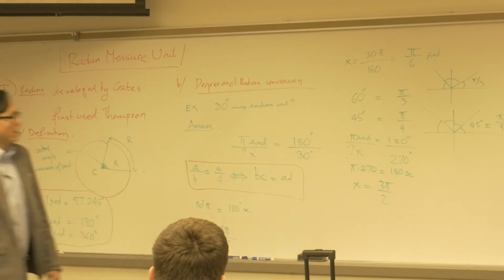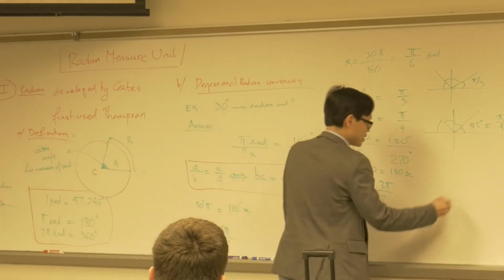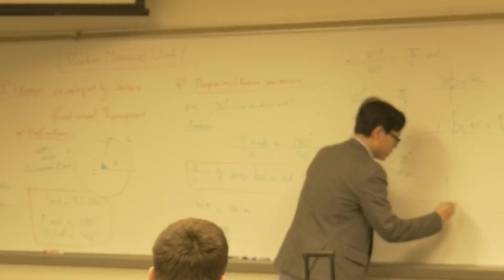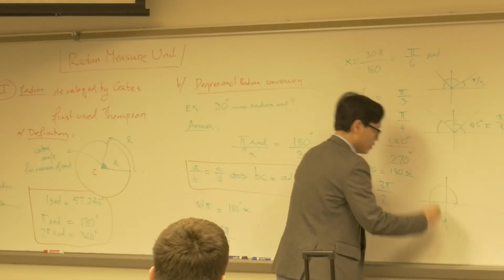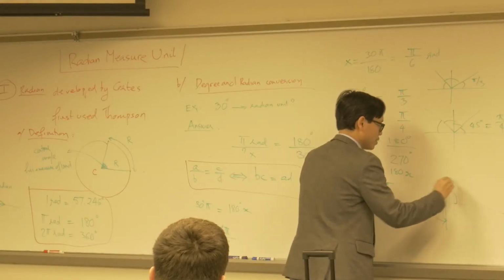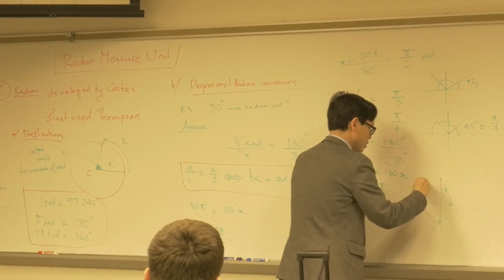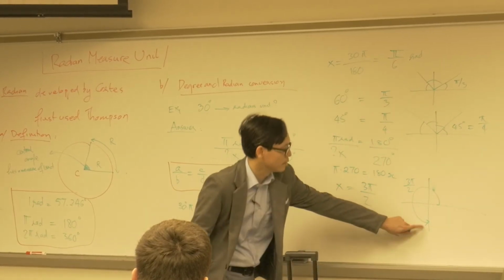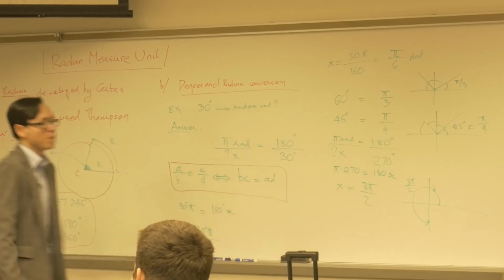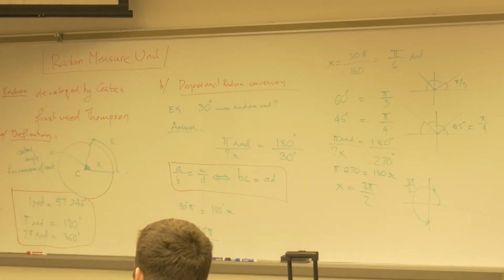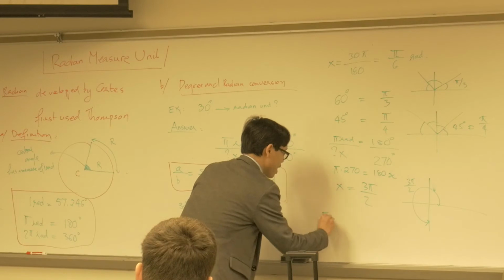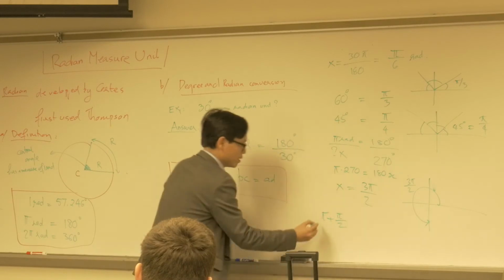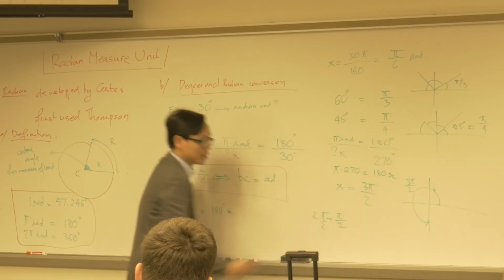Okay, so 3 pi over 2 is 270 degrees. It's right over here, guys. And it makes sense, because 3 pi over 2 is actually pi plus pi over 2, right? Pi plus pi over 2, you find the common denominator and multiply here by 2, right?